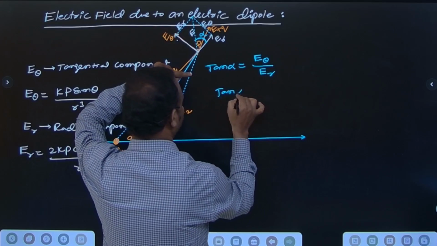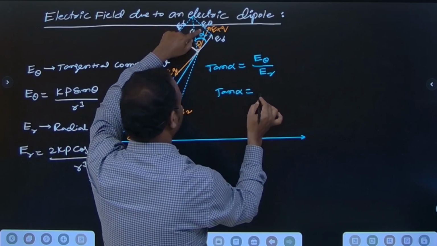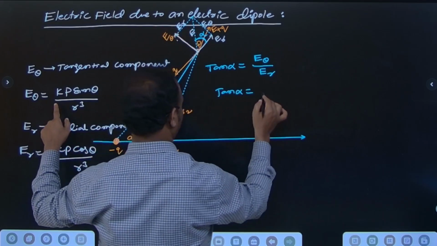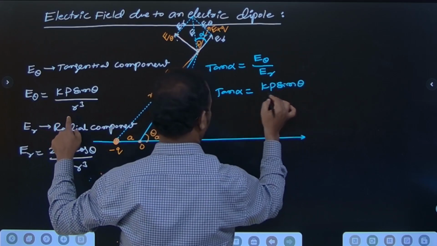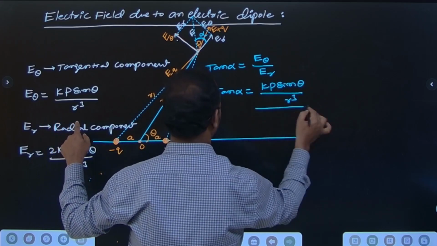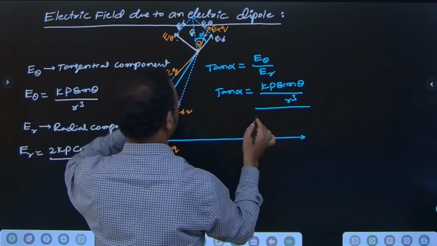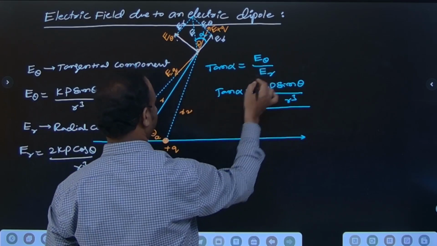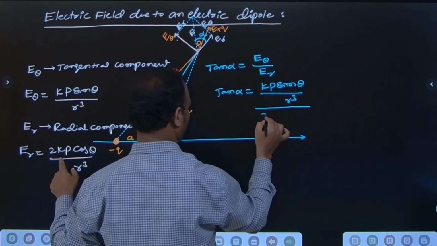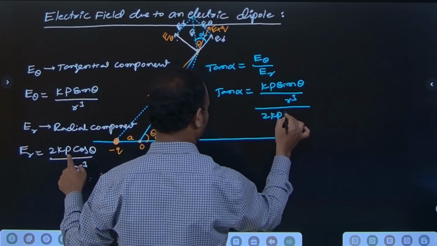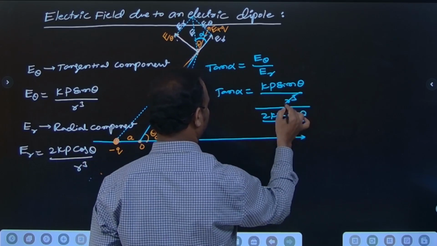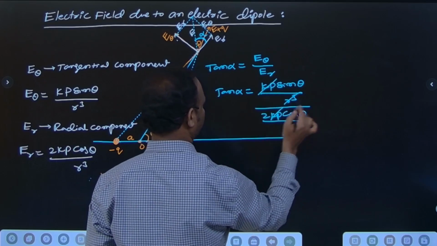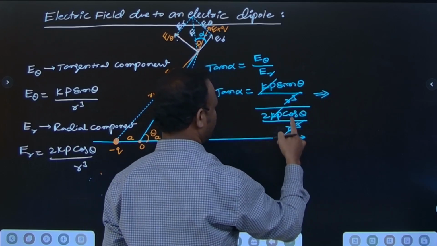E theta is kp sin theta by r cube, and E r is 2 kp cos theta by r cube. R cube and R cube cancel, kp cancels.